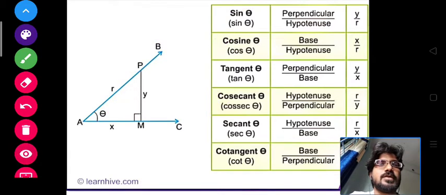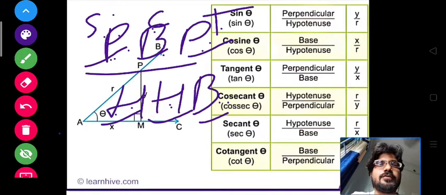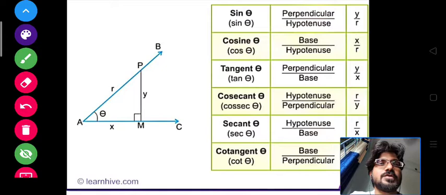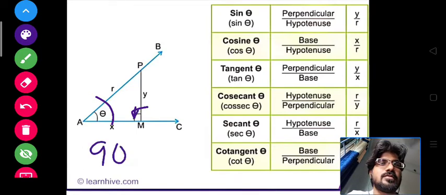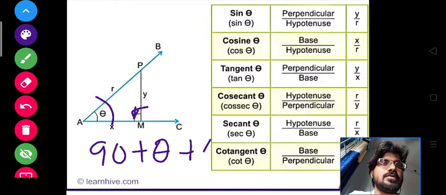Now let's come to the basics. The basics of these values came from the learning of this theta. If this is theta and this is 90 degrees, then the sum of the angles of a triangle is 90 plus theta plus angle P equals 180.